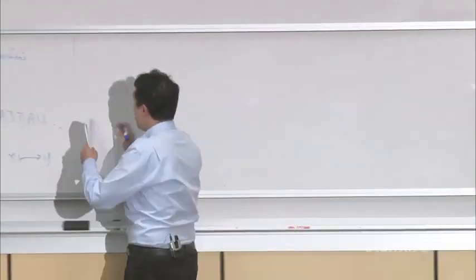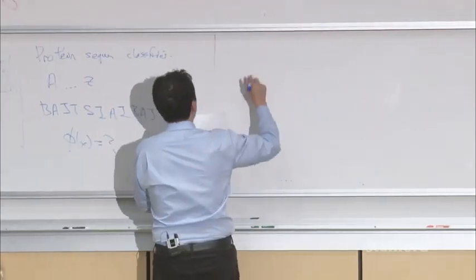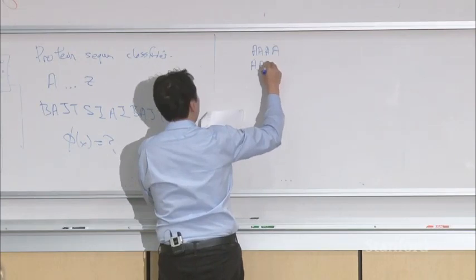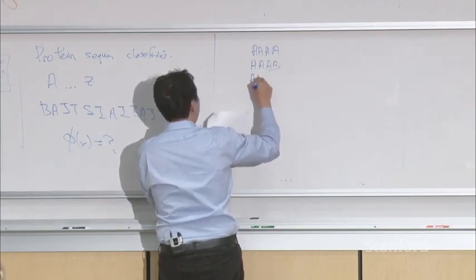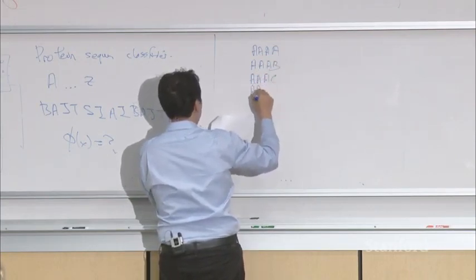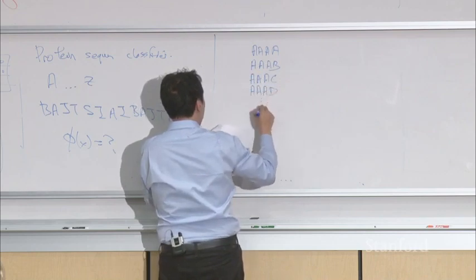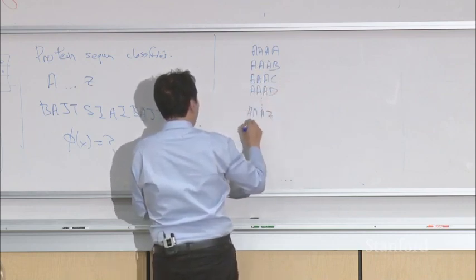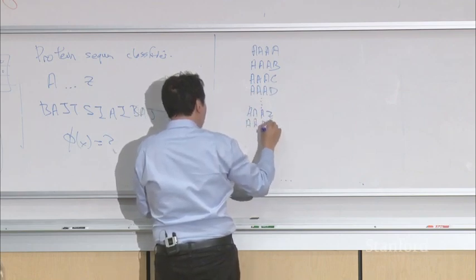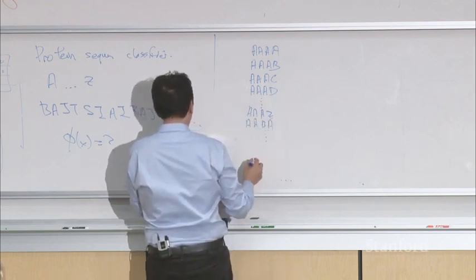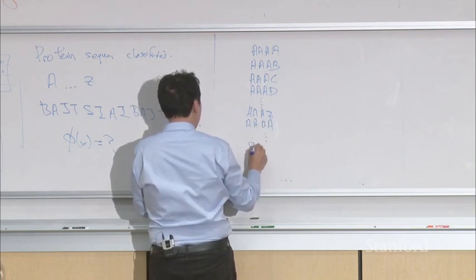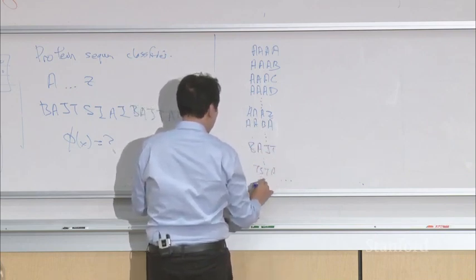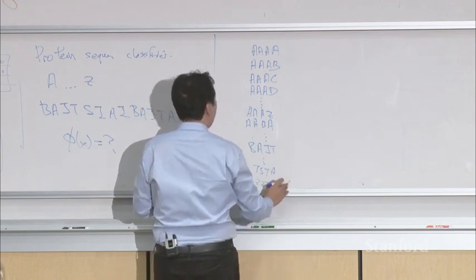Well, here's one way to design a feature vector, which is I'm going to list out all combinations of 4 amino acids. You can tell this will take a while, right? Go down to A, Z, and then A, B, A, and so on. And eventually, there'll be a BAJT, TSTA, down to ZZZZ, right?